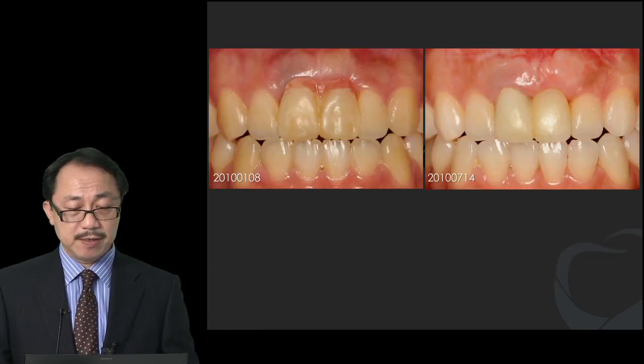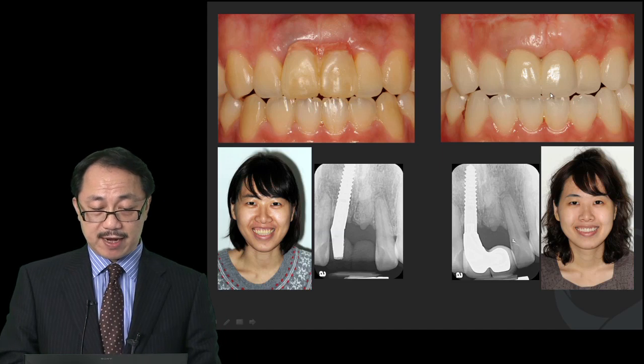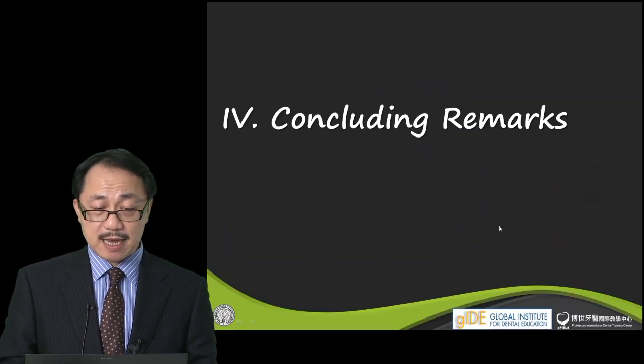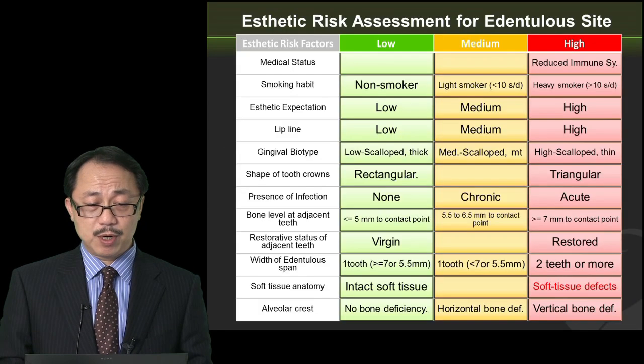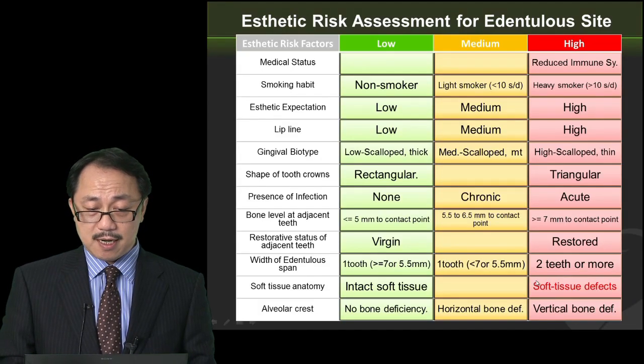Now, in concluding, for soft tissue defect, it was suggested by the ITI consensus report as an aesthetic risk assessment, a high risk population.